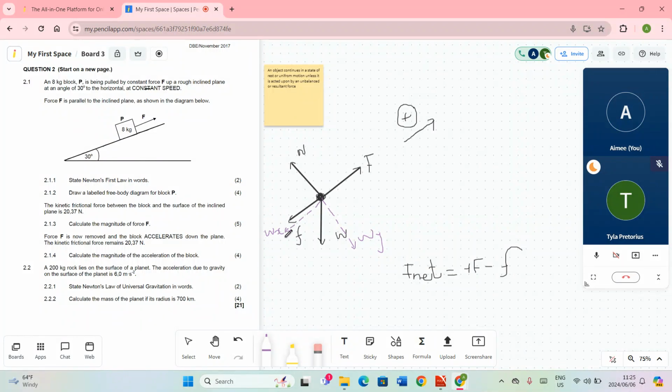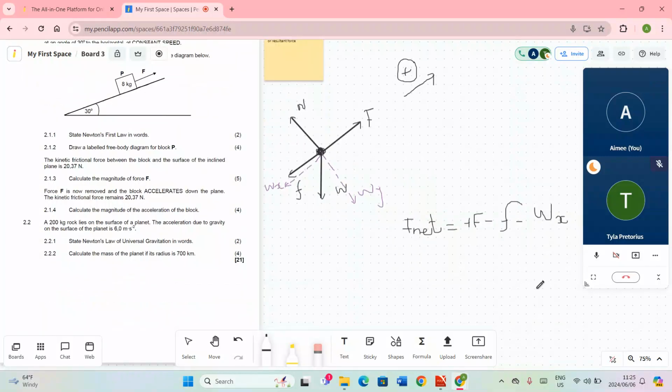So WX also needs to be taken into consideration. The horizontal component of weight is also pulling the object down the slope. So what do we say? It's moving in the opposite direction to which we've taken as positive. So we say minus the horizontal component of weight. And now we go and we sub in, right?